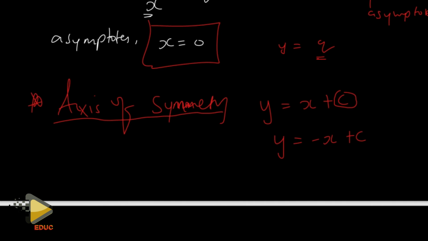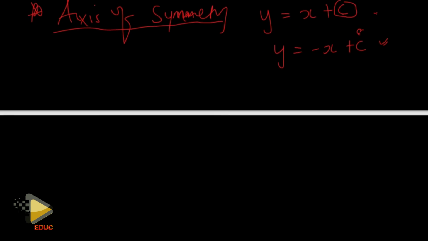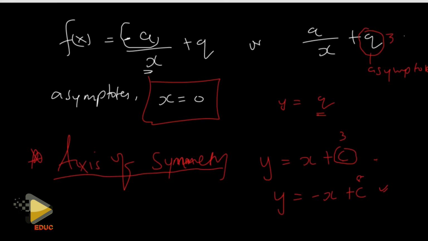So if q is a 3, then c becomes a 3. If q is a negative, then even c becomes a negative. So they will give you a scenario, and we shall only expect you to give us the equation of just one graph. Okay, so that is to do with a hyperbola.